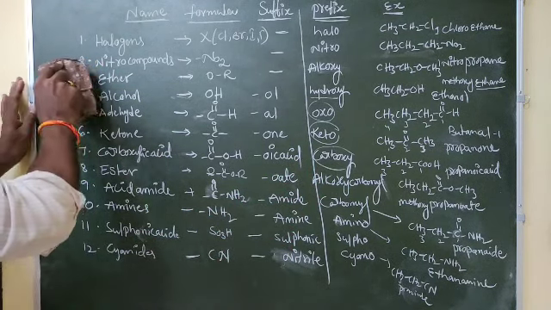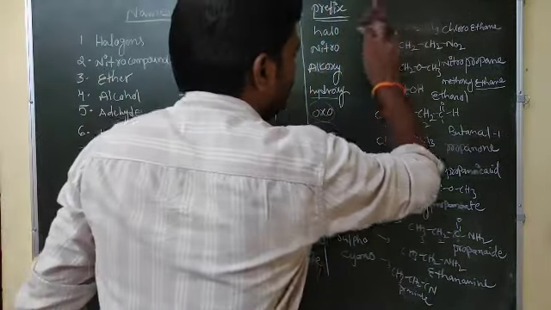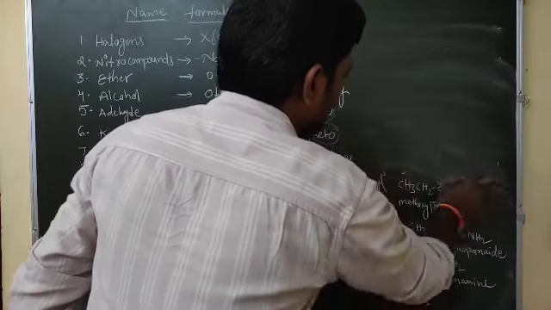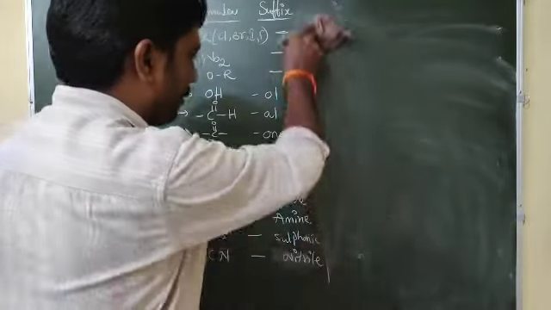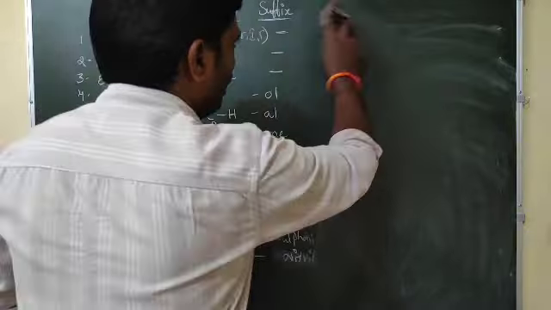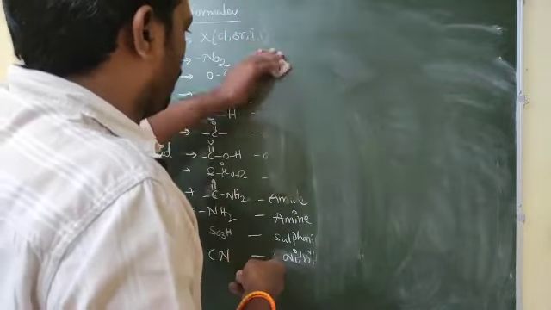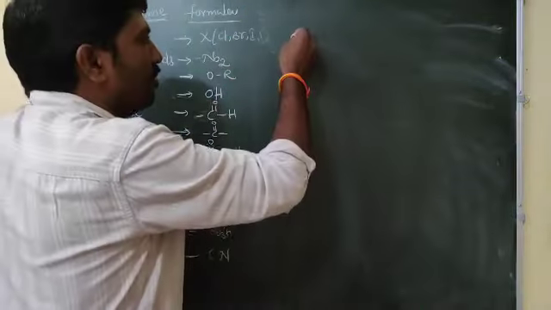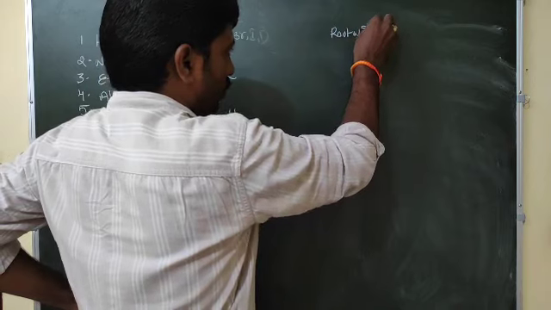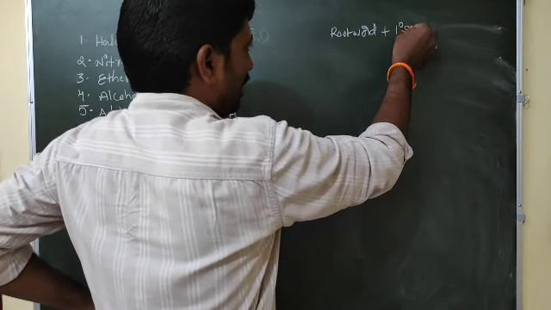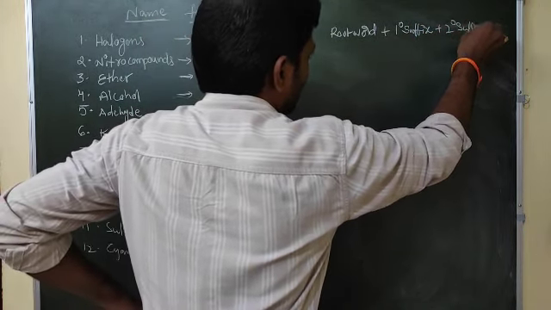Now I will erase these examples. We have one formula to write a chemical name: root word plus primary suffix plus secondary suffix.